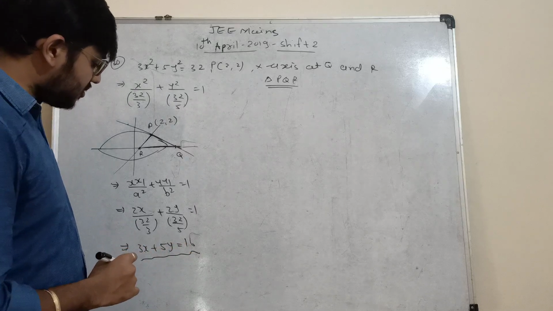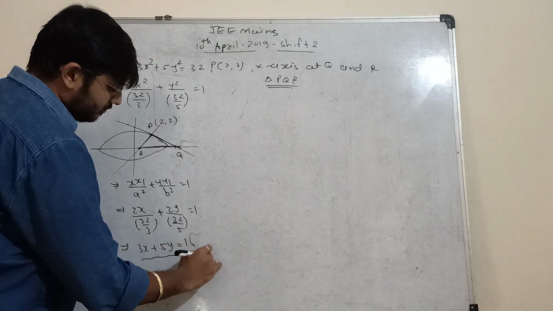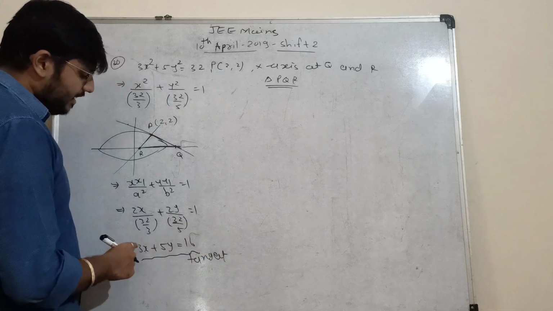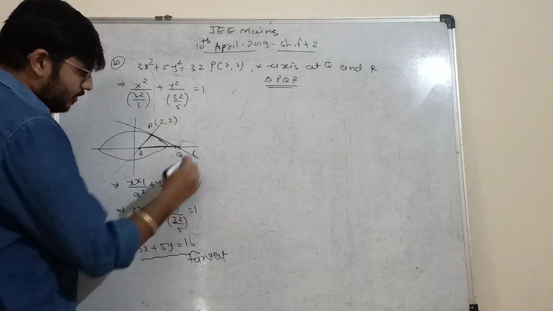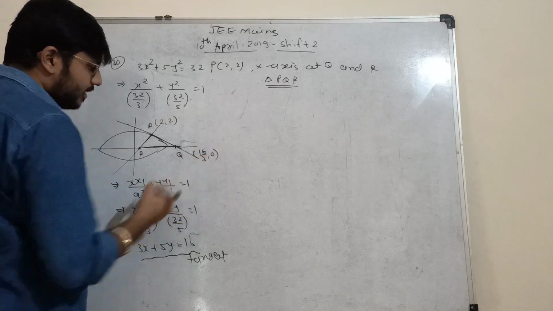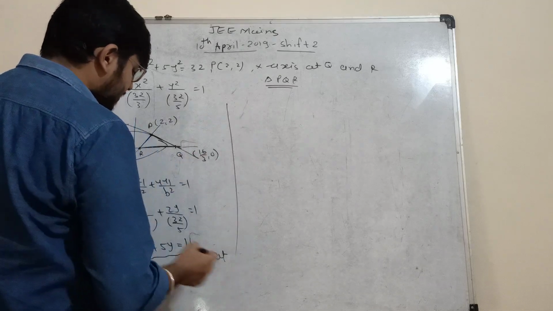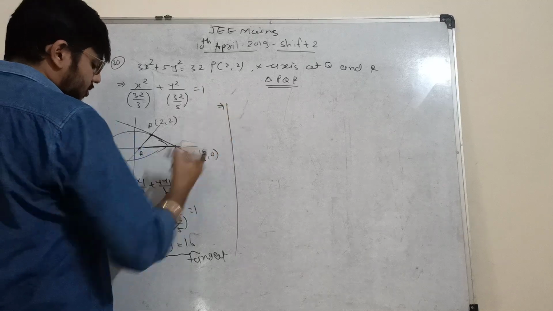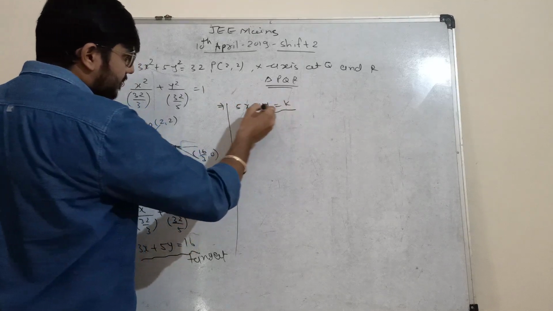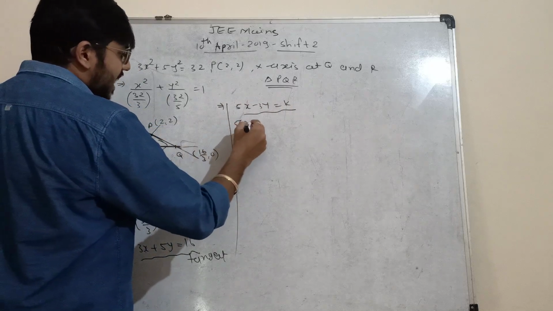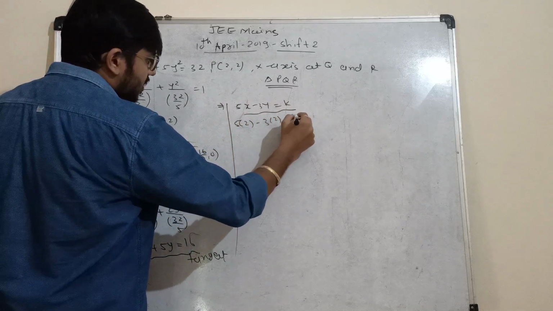This will be the equation of tangent, right? And the intersection of this tangent with the x-axis is at Q, so it will be 16 by 3, 0. Now from this, let us obtain the equation of normal. The equation of a normal will be 5x minus 3y equals k. At (2, 2) it's 5 into 2 minus 3 into 2 equals k.